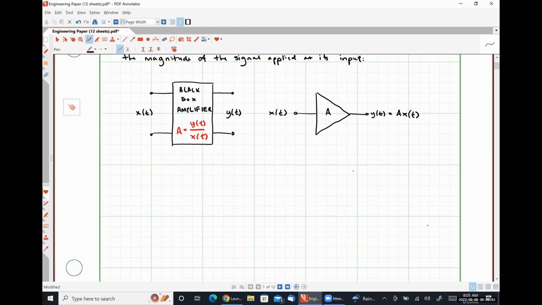So I'm going to make a simple table here where we're going to look at our input signal, our output signal, and then give our amplifier a name.